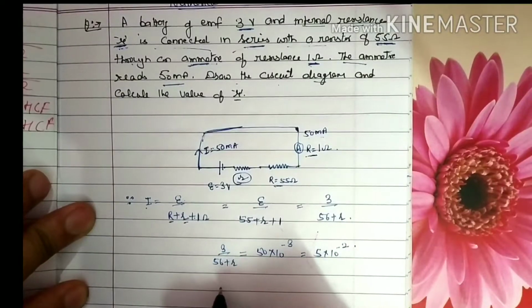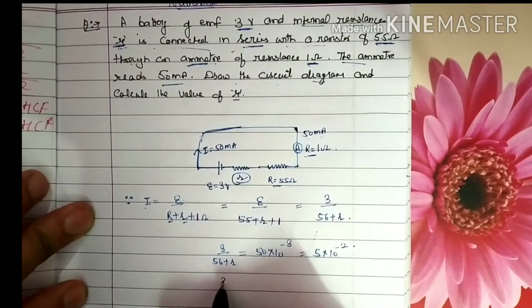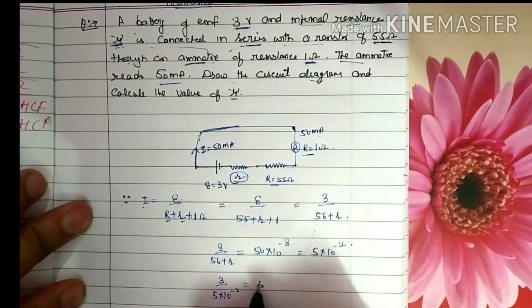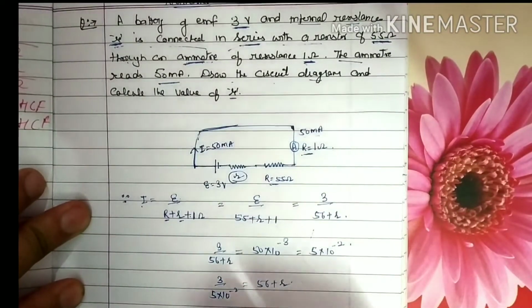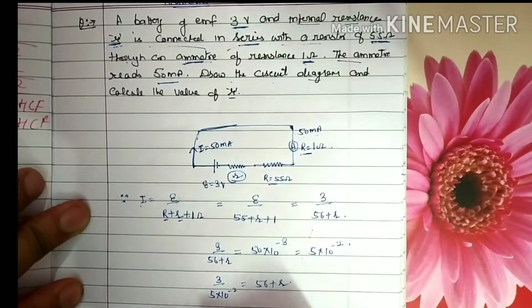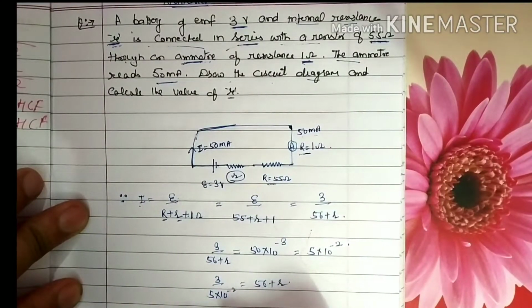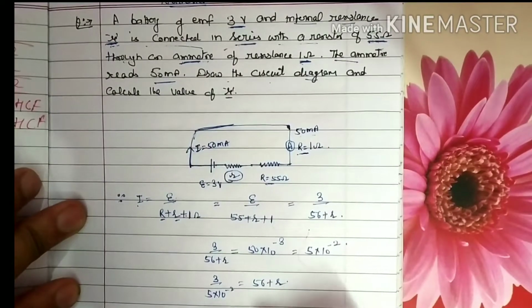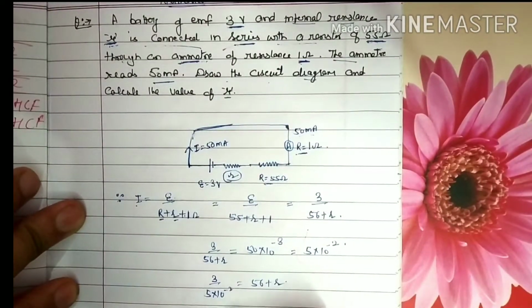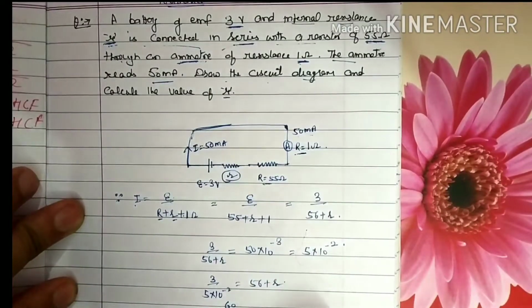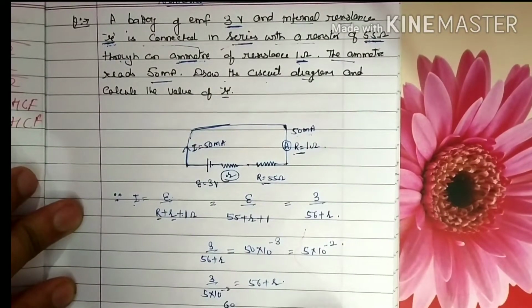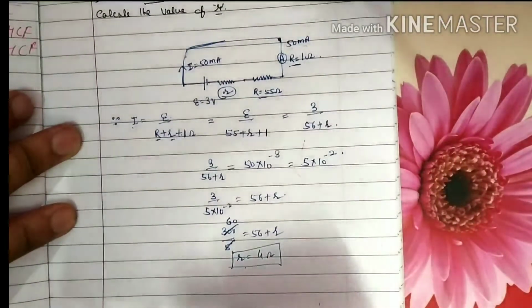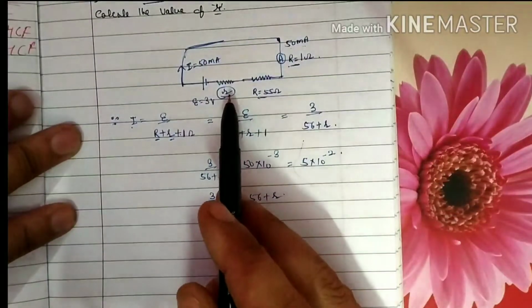So 3 over 5 into 10 raised to power minus 2 is equal to 56 plus r. So we can write 300 over 5 equals 56 plus r, so r is equal to 4 ohm. So the answer is 4 ohm, the internal resistance of this cell.